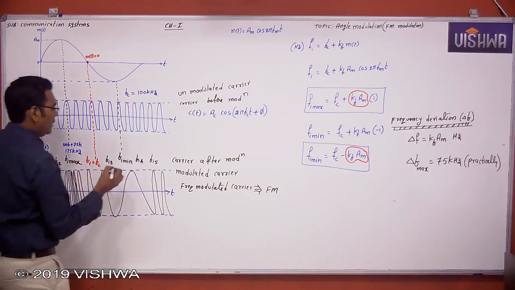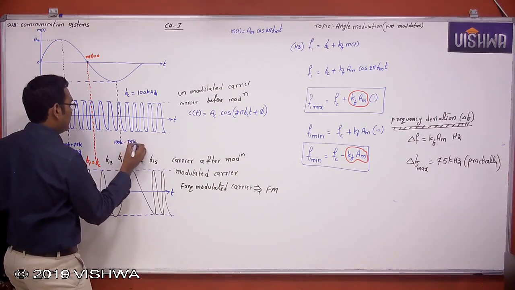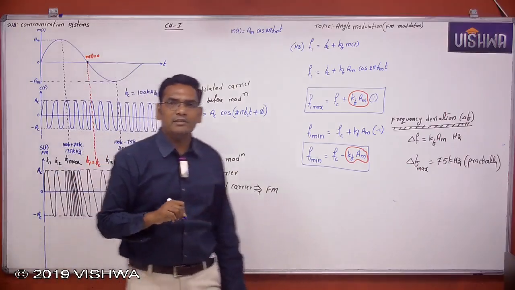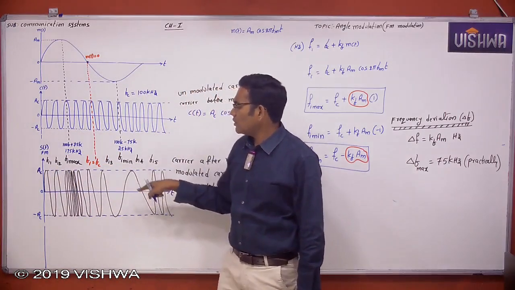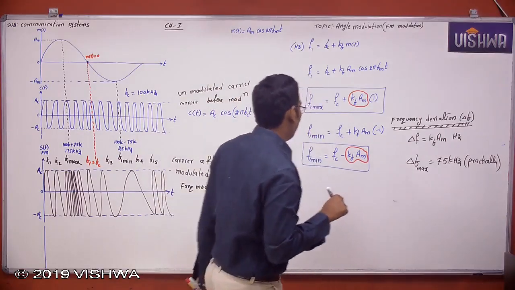The minimum Fi is 100 kHz minus 75 kHz, which is 25 kHz. This is the minimum instantaneous frequency of the carrier after modulation, and this is the maximum.